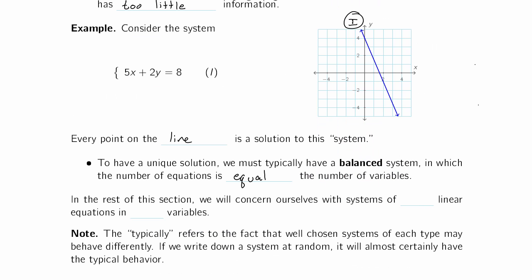For the rest of this section, we're only going to concern ourselves with systems of 3 linear equations in 3 variables. But the techniques that we use for 3 equations in 3 variables can also be used for 4 equations in 4 variables, or 5 equations in 5 variables, at least in principle.